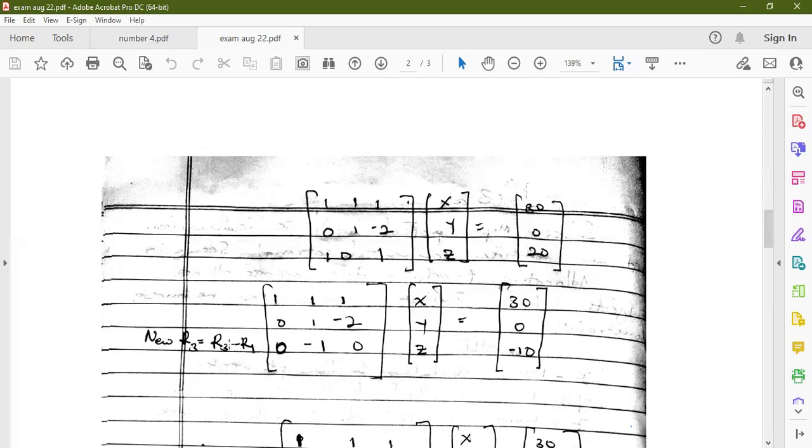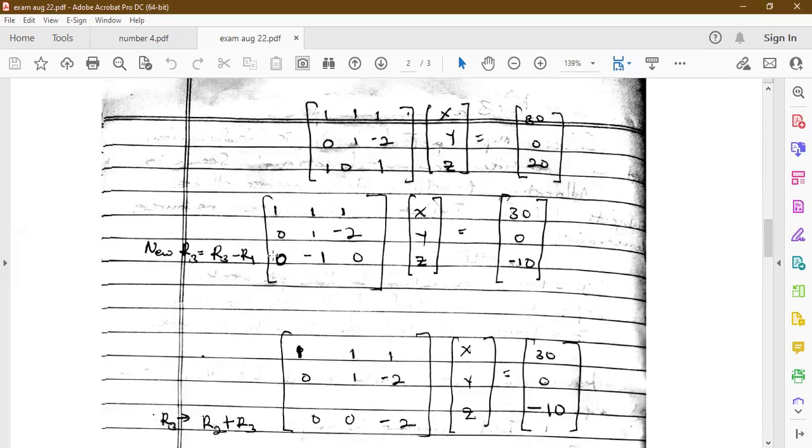We get row 3 equaling the previous row 3 minus row 1. So 1 minus 1, you get 0, 0 minus 1, we get -1, then 1 minus 1 is 0. So we have manipulated this row to have the first digit as 0, but we have to make a triangle.